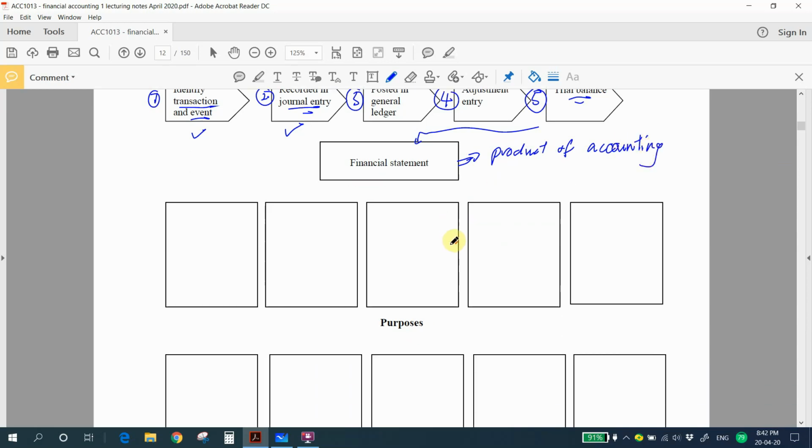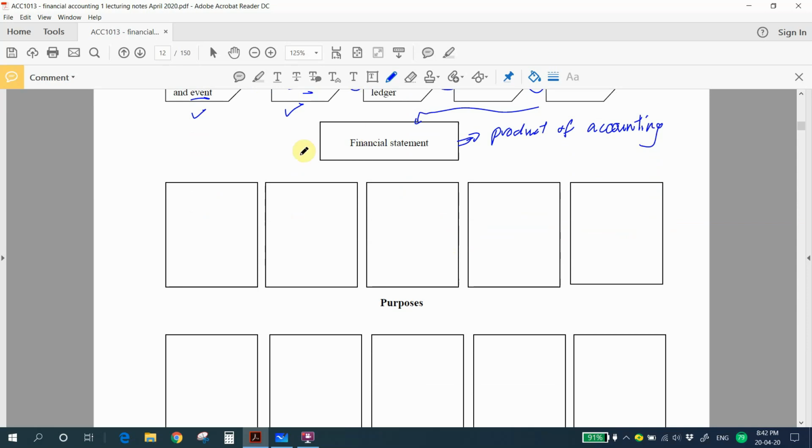So basically, we have 5 types of financial statements. The first one, income statement.